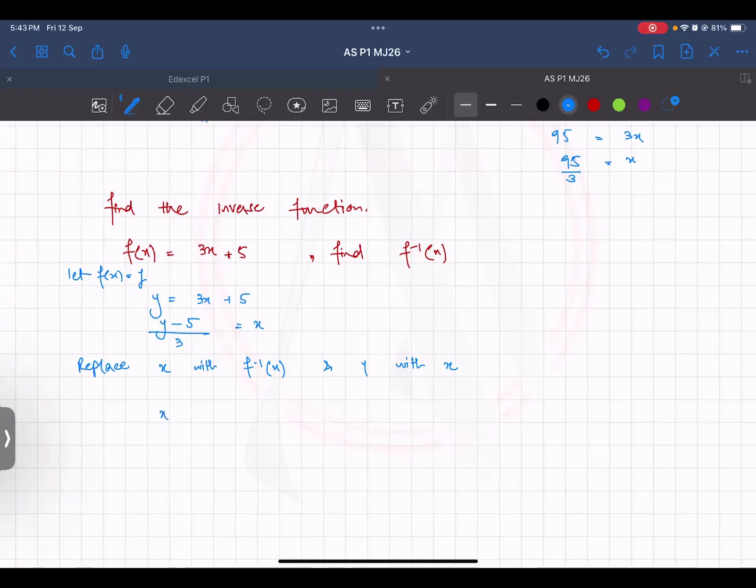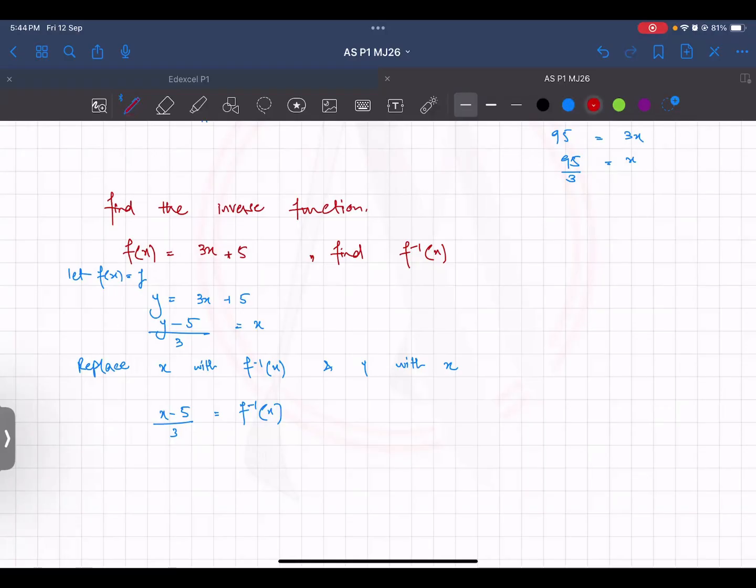So this would become x minus 5 upon 3 is equal to f inverse. This is your answer. This is how you will always do it, and this is the same step every time, even though now you may get some difficult or more complex equation to find the inverse of, but the method is the same.